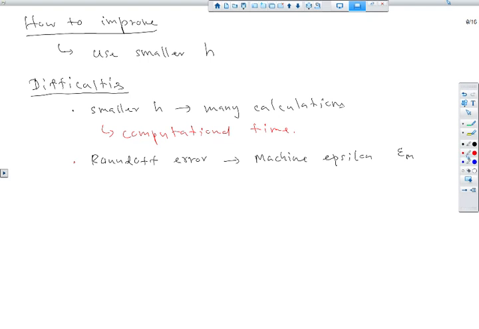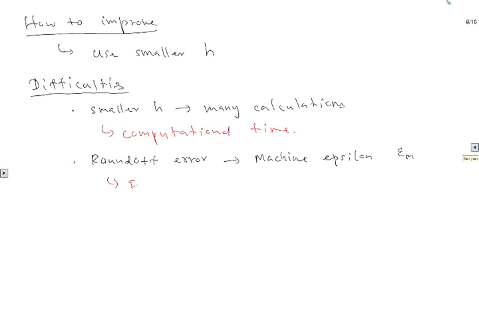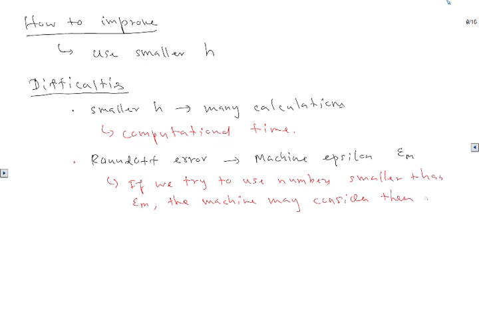So if we try to use numbers smaller than epsilon m, the machine may consider them as 0.